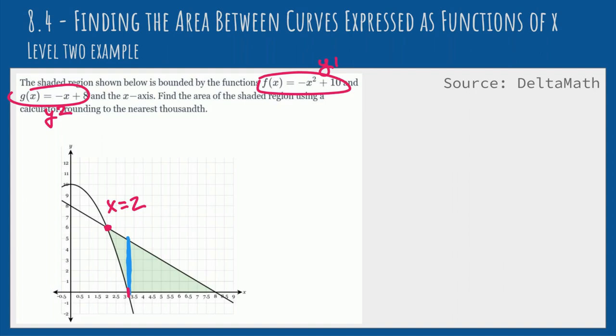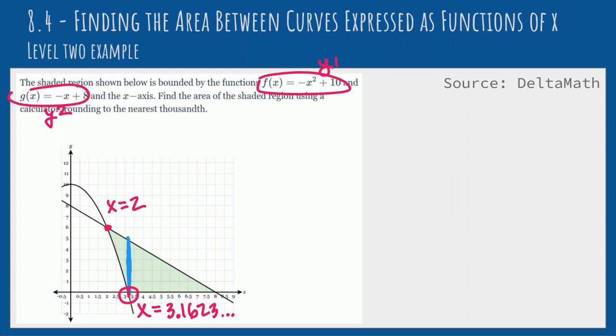I'm also going to find the intersection of y1 with the x-axis, so I'm going to use the zero function on my calculator, and I want to make sure that I'm using y1, so find the zero of y1, and that's going to give us a value that is about 3.1623 and so on.